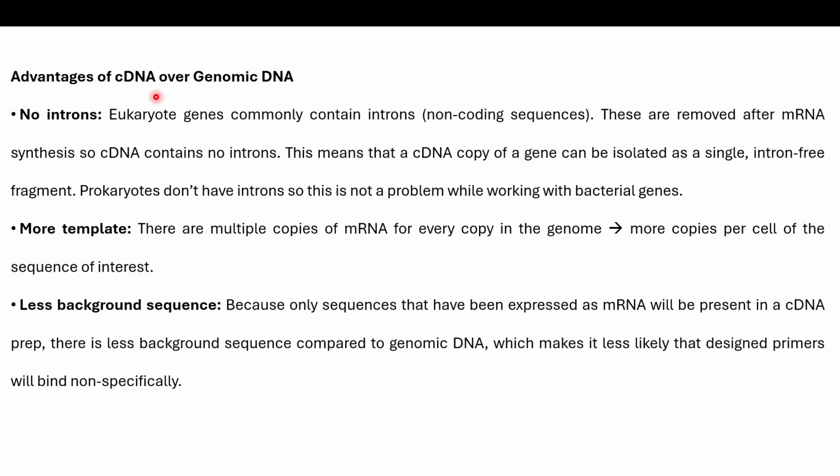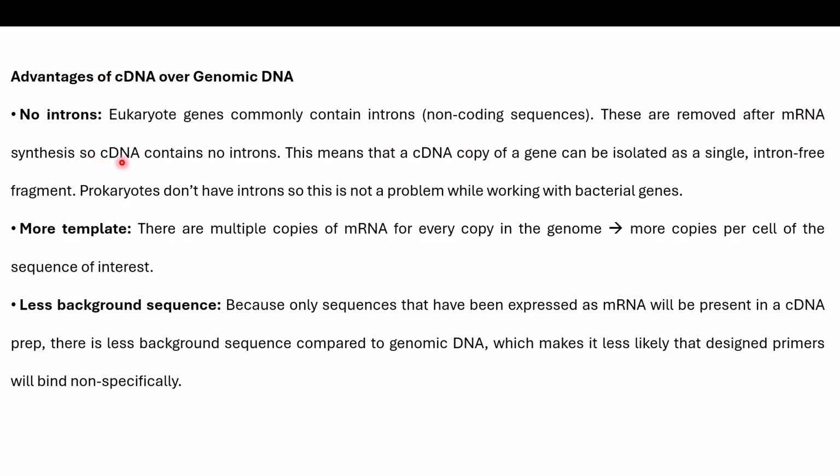Now, the advantages of complementary DNA over genomic DNA. Why not just store genomic DNA libraries? The advantage is that there are no introns here. Eukaryotic genes commonly contain introns, which are non-coding sequences, and these are removed after mRNA synthesis.